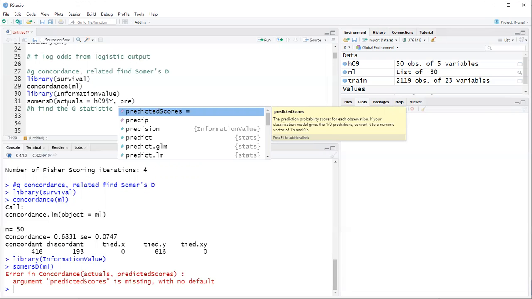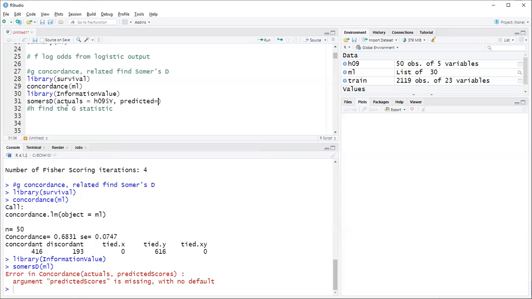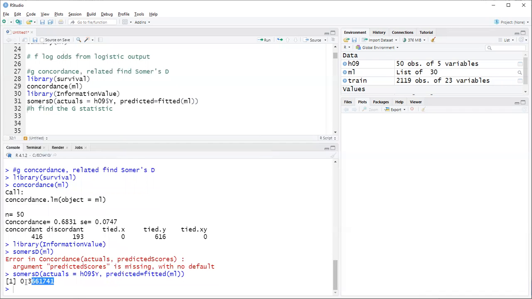So here I'm just going to use predicted, so predicted are going to be the fitted values from our model ML. All right, so let's do that. And it gives a Somers D of 0.366.